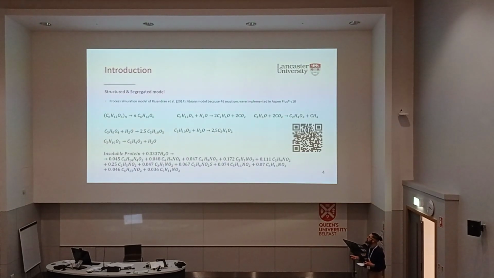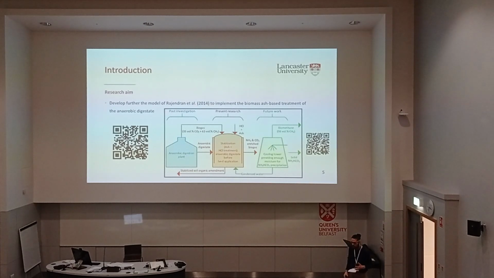So if you want to see more of the reactions in the model, you can follow this QR code. And for instance, this here is the insoluble protein, how it breaks down into the specific amino acids.